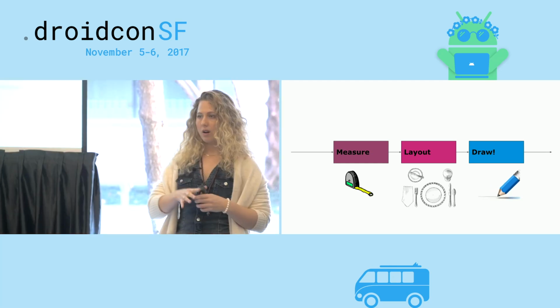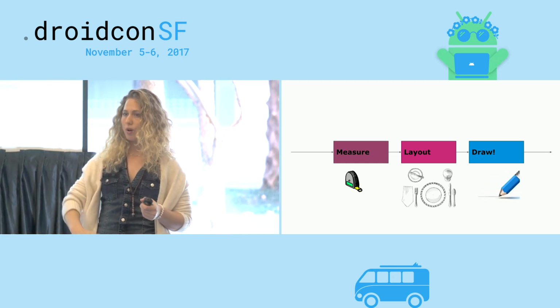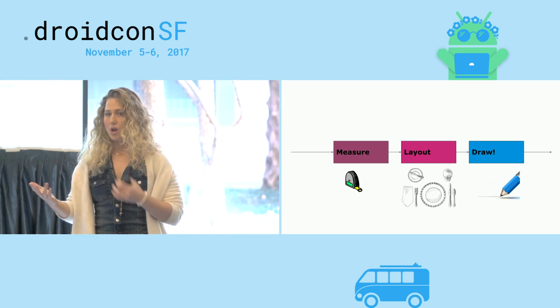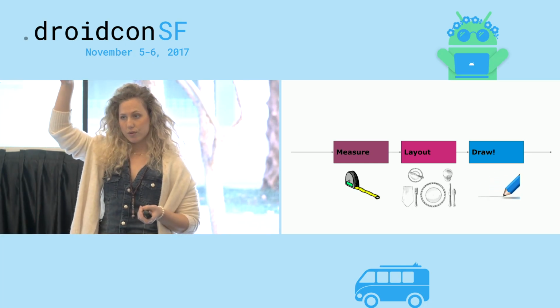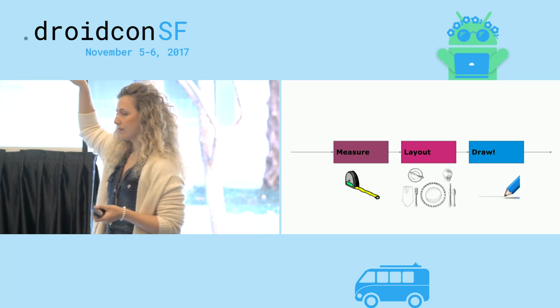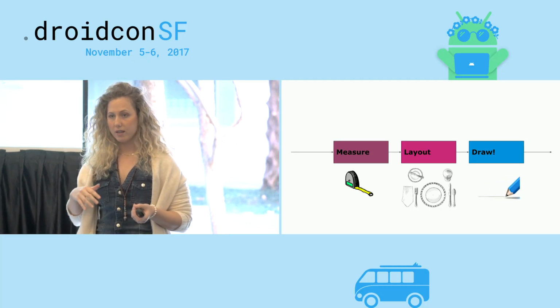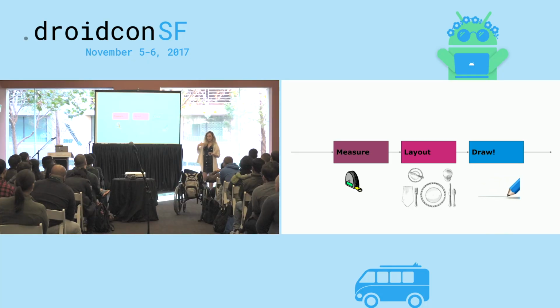All of those are going to happen in a traversal on the view hierarchy. So we're always going to go up to the top, and each view is going to go down the hierarchy, say what it's looking for.